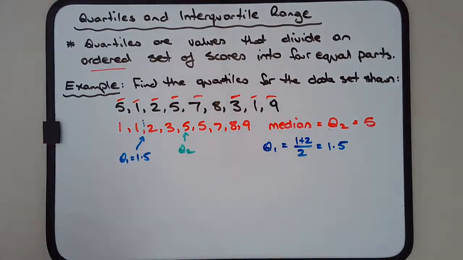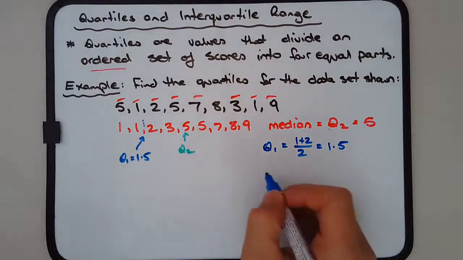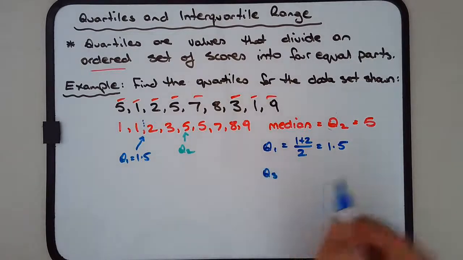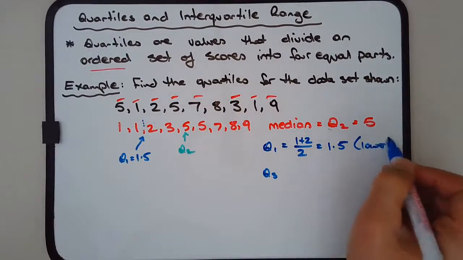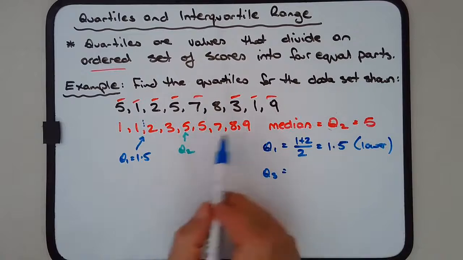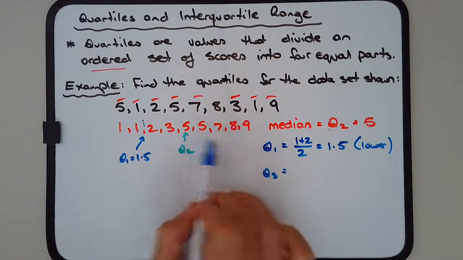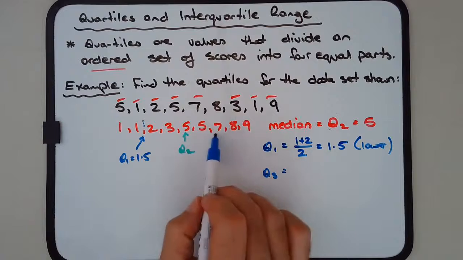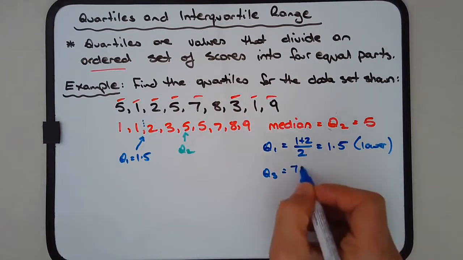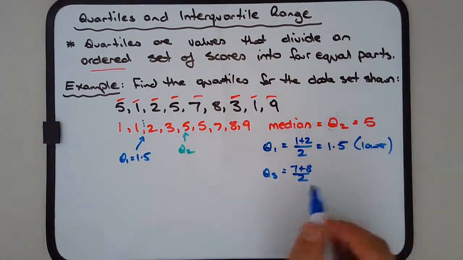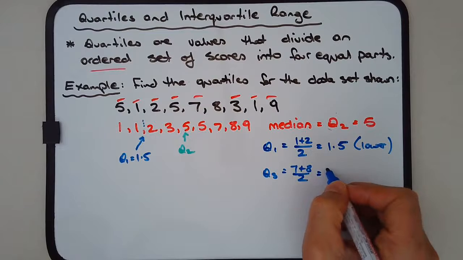Okay, what about Q3? Q3 is what we call the upper quartile. I'll just put lower here. Now we need upper, and we've got the same issue here. We have an even number of numbers in these top 4 scores, so it's going to be the mean of 7 and 8. So 7 plus 8 over 2, and that's equal to 7.5.